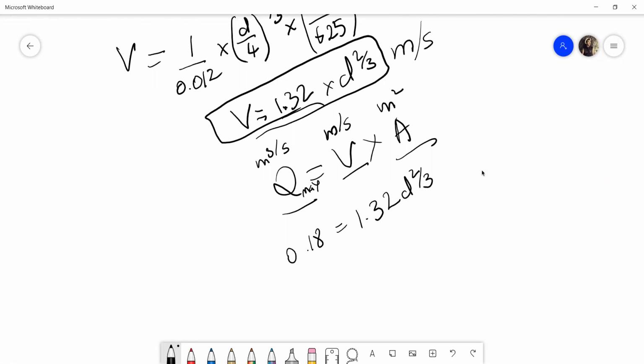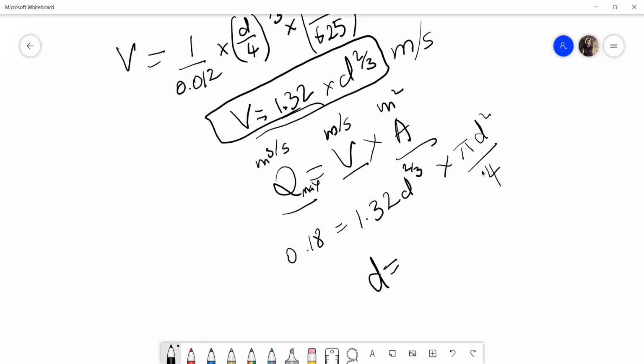This is the velocity V, into area. Area is pi D square by 4.